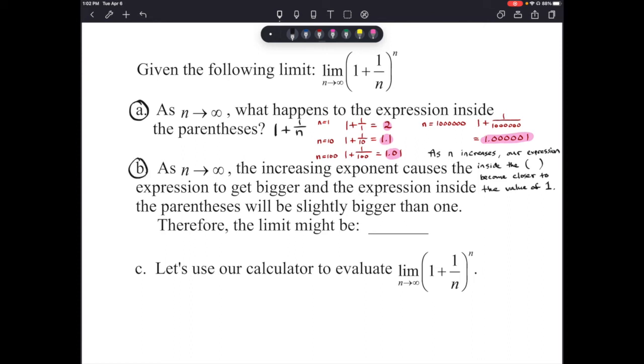Now, part B says, as n approaches infinity, the increasing exponent causes the expression to get bigger, and the expression inside the parentheses will be getting slightly bigger than 1. It says, therefore, the limit might be, well, let's think about it, right? If we had 1 plus 1 over 1,000,000, and we raised it to the power of 1,000,000, this number here is still greater than 1, right?